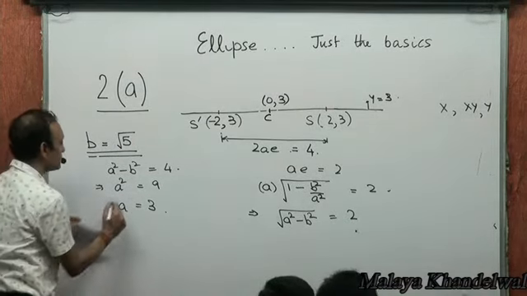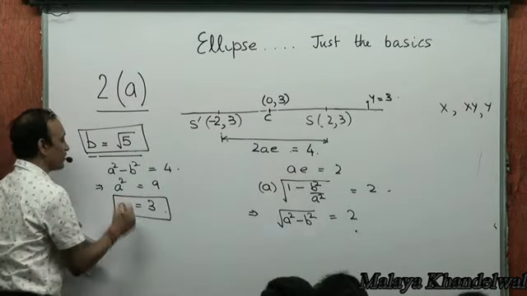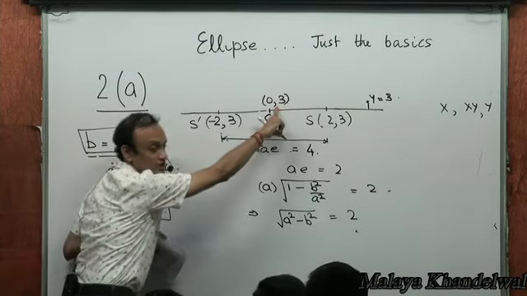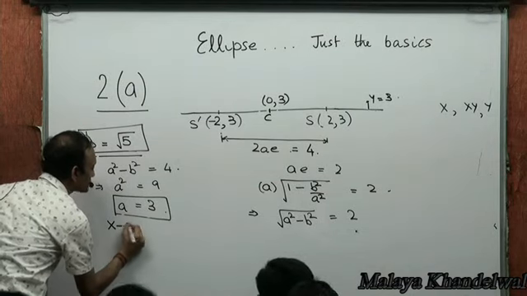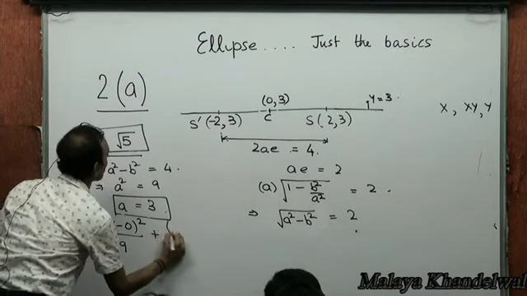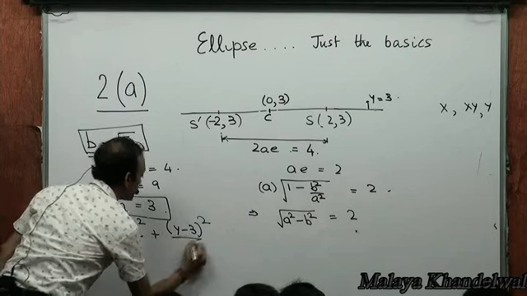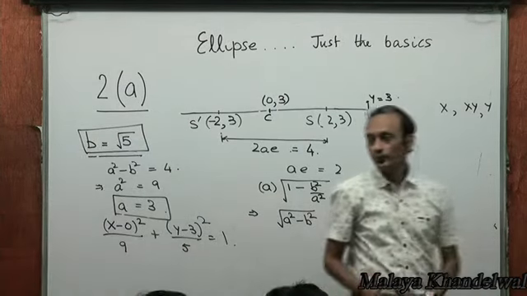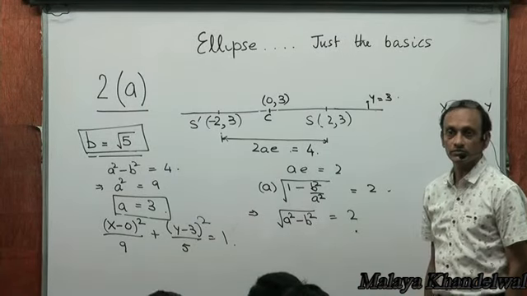So now I have an ellipse whose semi-minor axis is root 5, semi-major axis is a equal to 3, and whose center is (0, 3). Would you not want to believe the equation of this ellipse would be (x minus 0) whole squared by a squared plus (y minus 3) whole squared by b squared equal to 1. It will have no xy term in it. Yes or no?